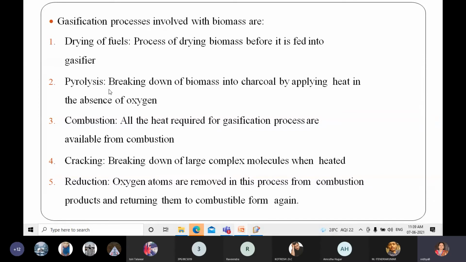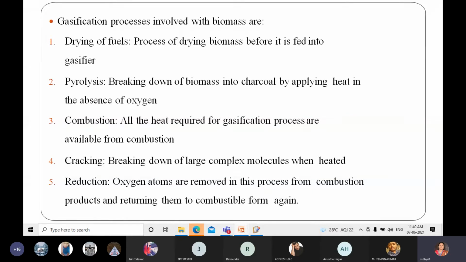Next is pyrolysis. What do you mean by pyrolysis? We have already discussed pyrolysis: the breakdown of biomass into charcoal by applying heat in the absence of oxygen. In the next stage, combustion, all the heat required for the gasification process is available from combustion.